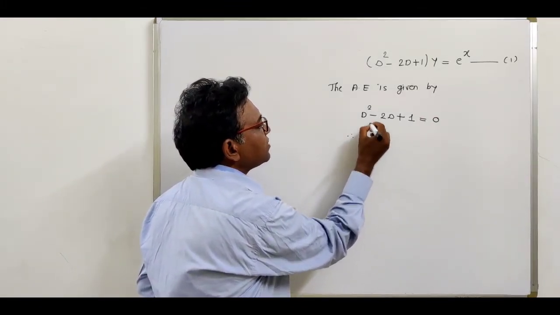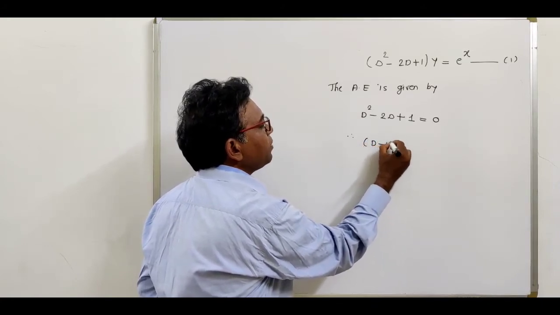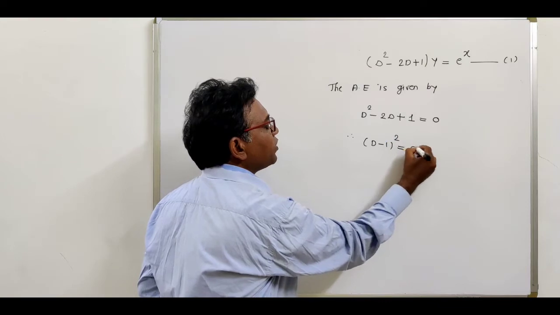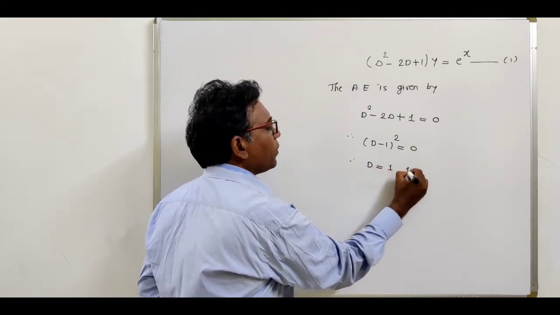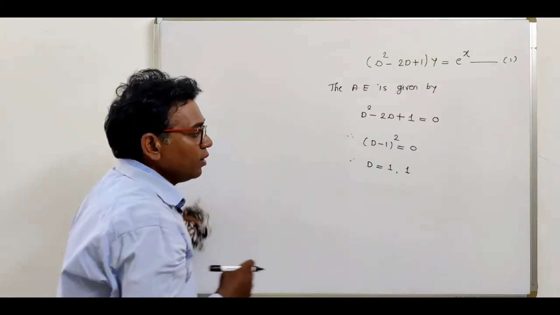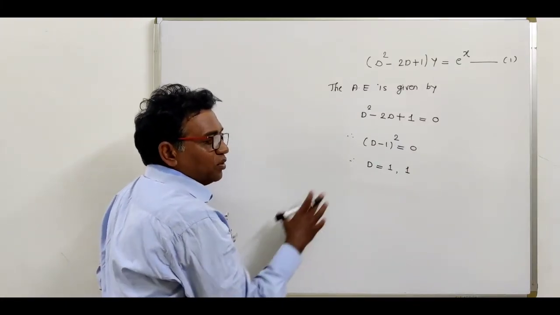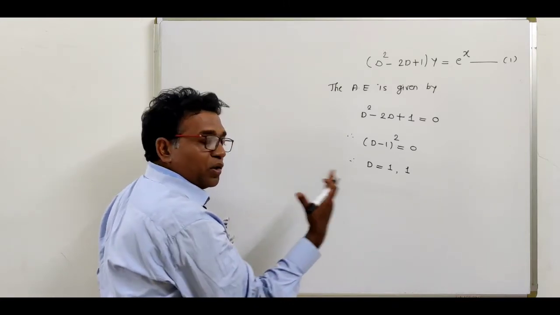Just write down the expansion. This is (D minus 1) squared equal to 0. So find out the factor: D is equal to 1, 1. Bracket square means D equal to 1, 1. So see what is this root? This root repeats 2 times.